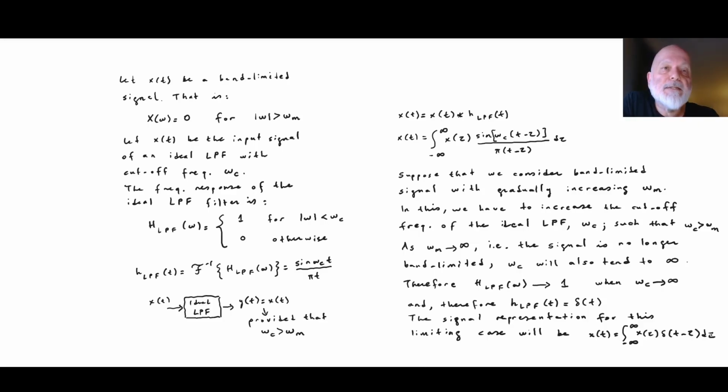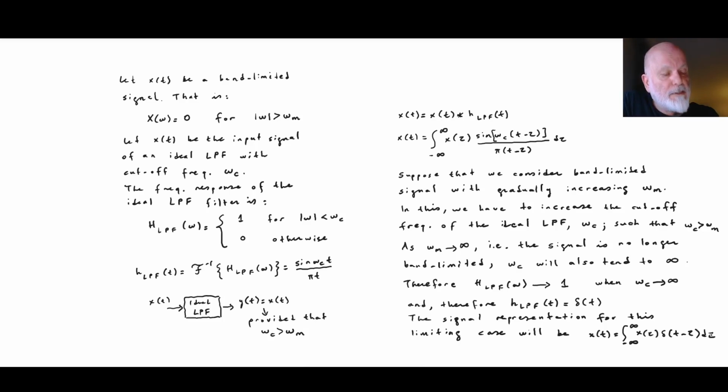In this case, the cutoff frequency of the ideal low-pass filter will also tend to infinity, and the frequency response will be equal to the constant 1 for all omega, from minus infinity to plus infinity, which is nothing but the Fourier transform of the impulse.